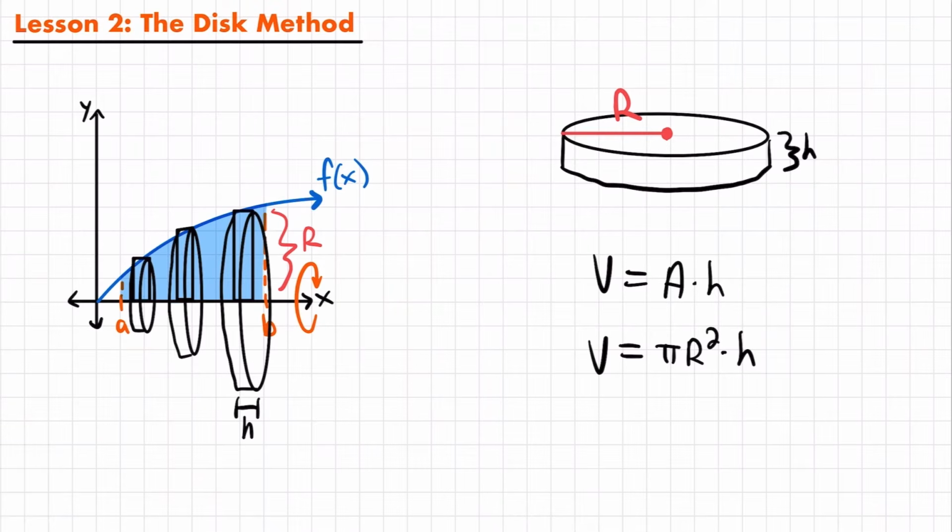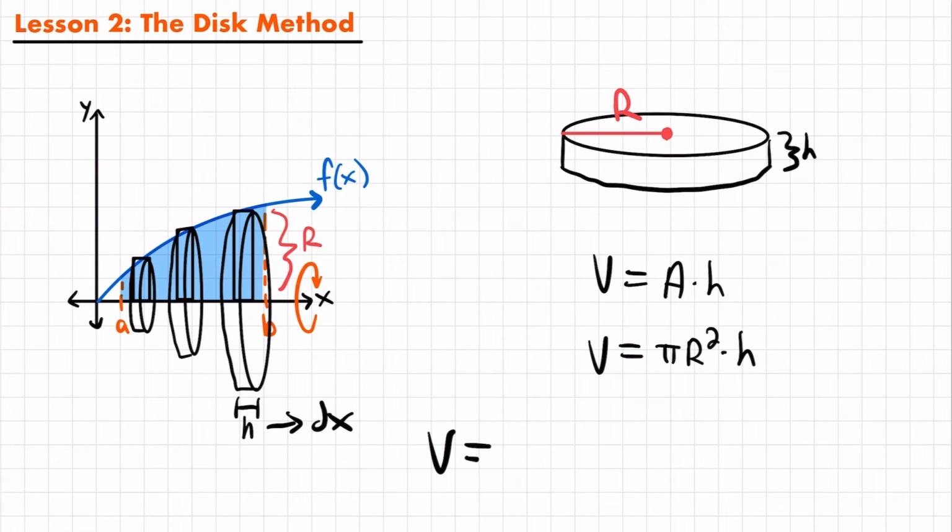If we want to find the volume of the solid formed by revolving this region around the x-axis, we need to add up the volume of an infinite number of thin disks from a to b. This is where a definite integral comes into play. The height or the thickness of the disks could be viewed as dx, or a small change in the value of x, and we would multiply dx, or the height, by the cross-sectional area for that solid of revolution.